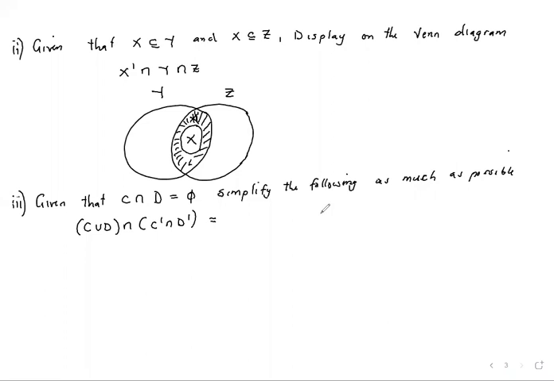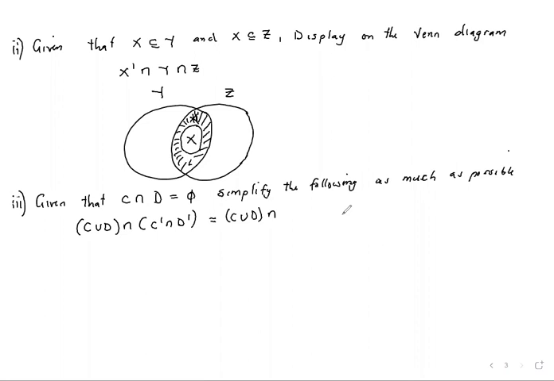So you say this is the same as C union D intersection, you write it. No, I can't take the complement outside.